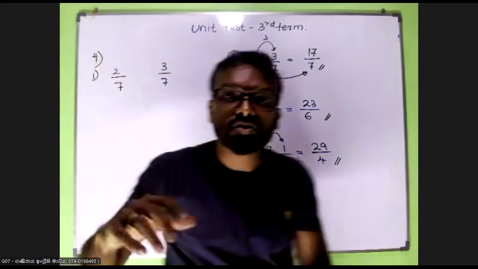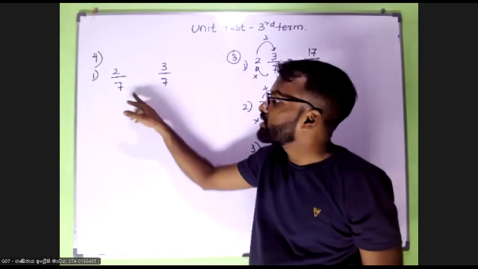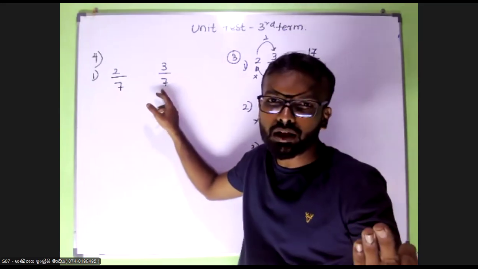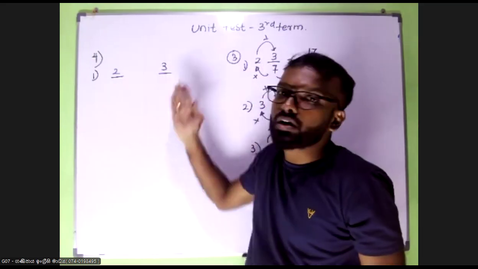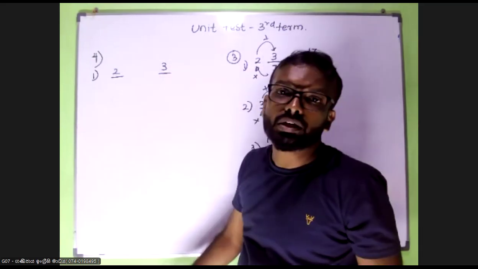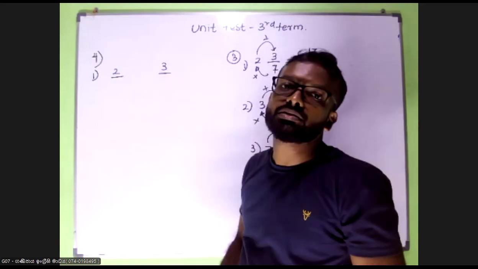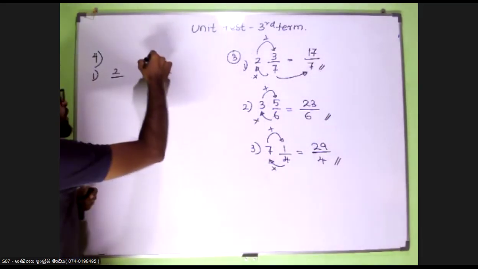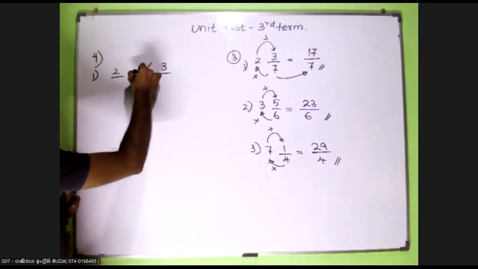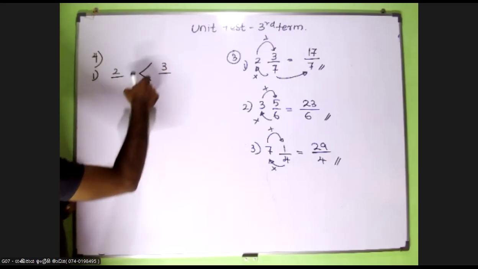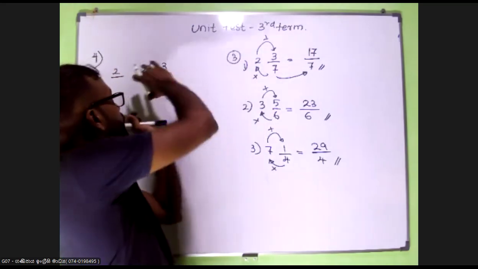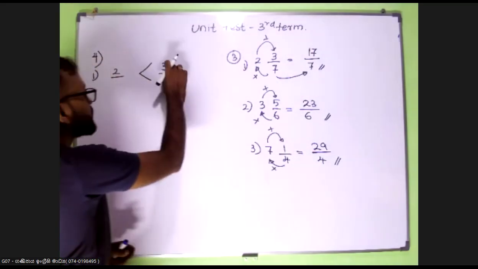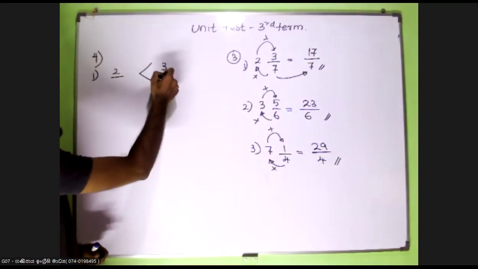By looking at these two fractions, your denominators are equal. If you have equal denominators, just forget them when you are comparing. Which is the biggest number? 2 or 3? 3 is the biggest number, right? So your mouth should be open to this side. The mouth is the bigger side, right? 3 is the biggest one, so the mouth should be open to this side.